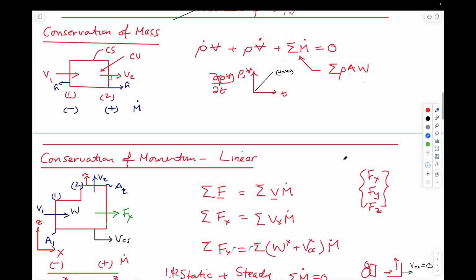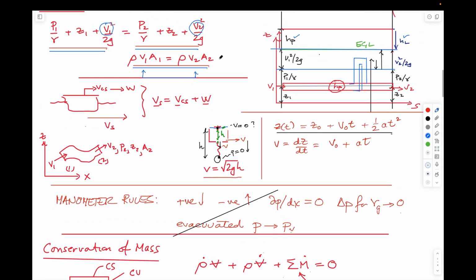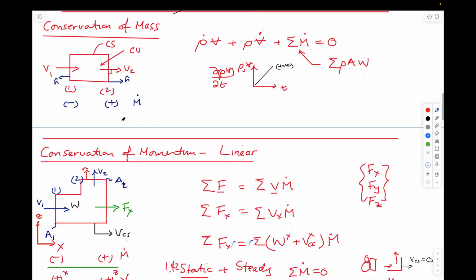Conservation of mass, the simplest exposition of this is this expression here. But we can do much more complicated things with it by linking a control volume, which no longer is a streamline. It's kind of a streamline in this case, that has a control surface applied to it, and that has an upstream and downstream.